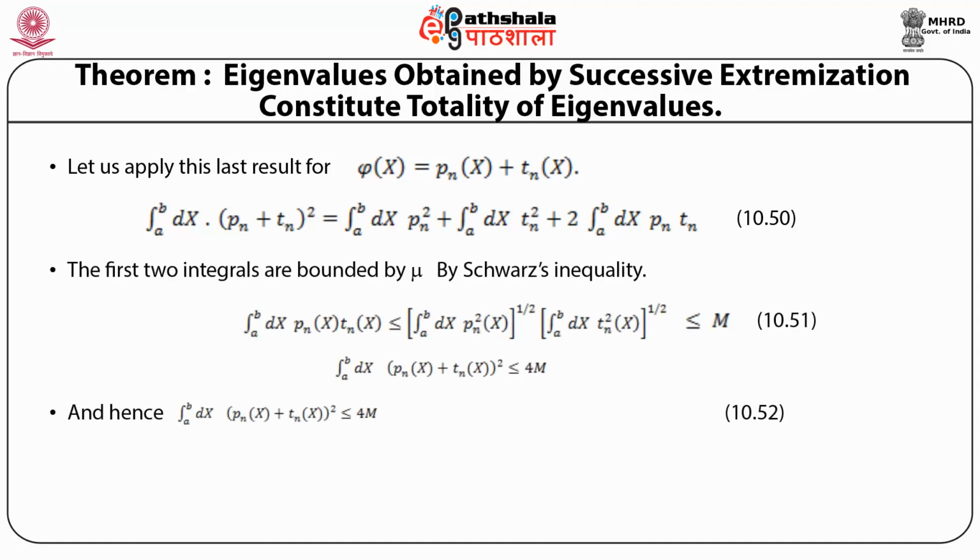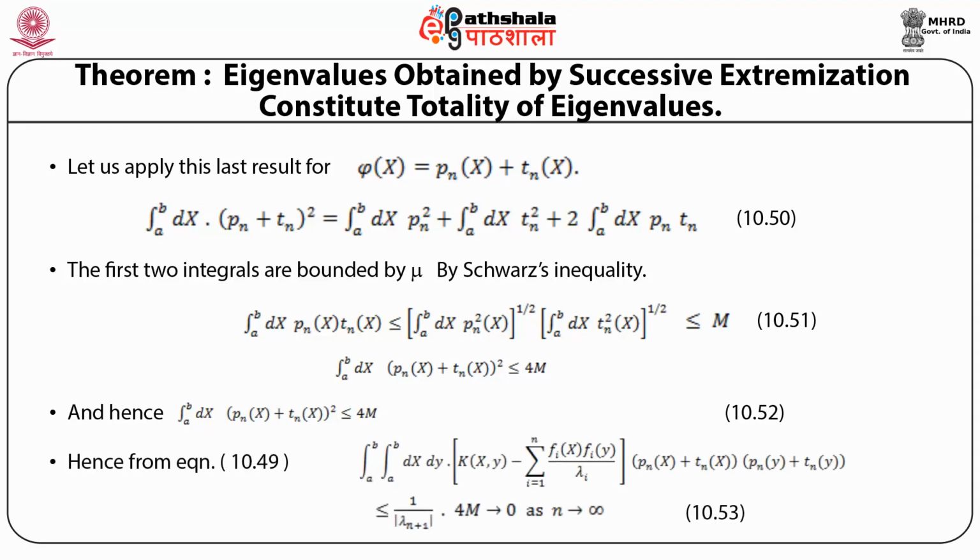By Schwarz inequality, the integral a to b of dx p_n(x) t_n(x) is then less than or equal to the square root of the integral a to b of p_n squared dx multiplied by the square root of the integral a to b of t_n squared dx, which is less than or equal to some bound m. And hence the integral of (p_n(x) plus t_n(x)) whole squared dx is less than or equal to 4m.